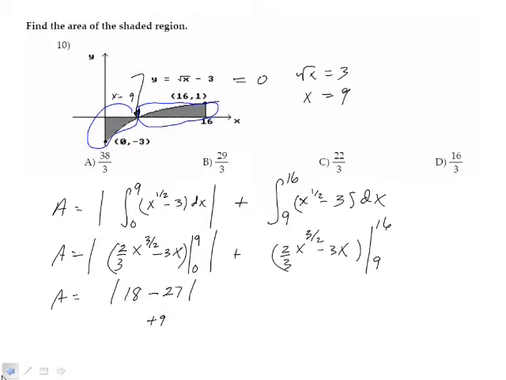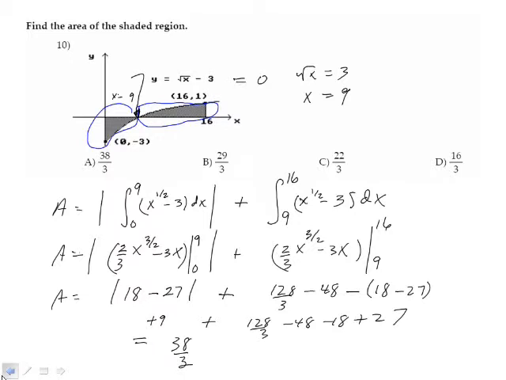Notice that's going to be plus 9 after we take the absolute value, plus we get 128 thirds minus 48 minus 18 minus 27, and this is equal to 9 plus 128 thirds minus 48 minus 18 plus 27, and when you add all this up, you get 38 thirds. So the answer is answer A.